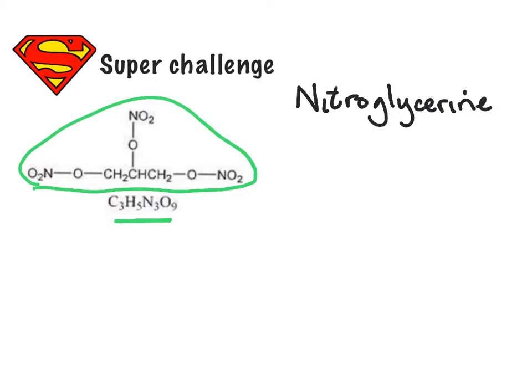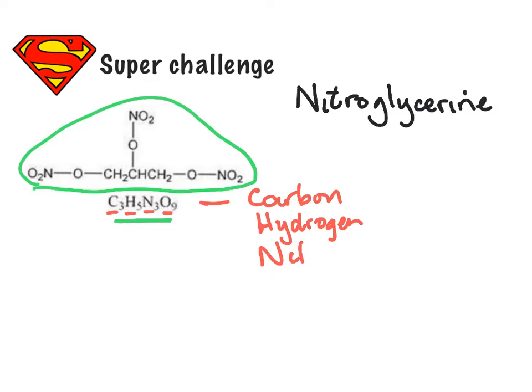So we can see from this bottom one that we've got 1, 2, 3, 4 capital letters. We've got C for carbon, H for hydrogen, N for nitrogen, and O for oxygen.